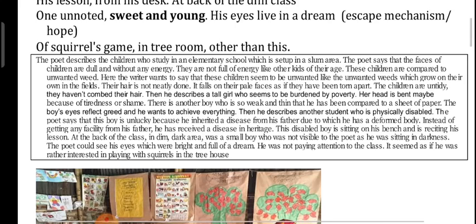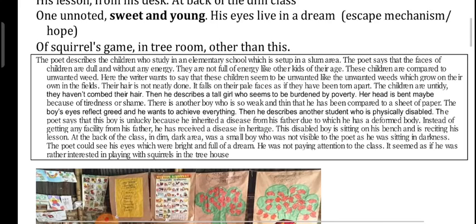They are not full of energy like other kids of their age. These children are compared to unwanted weeds. Here the writer wants to say that these children seem to be unwanted, like the weeds which grow on their own in the field.